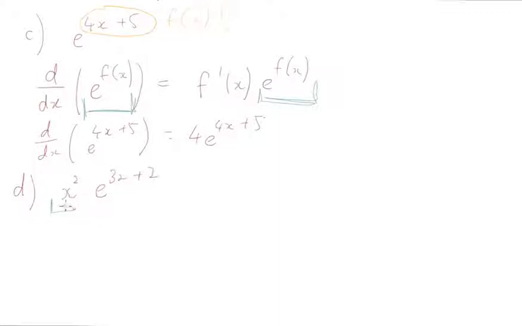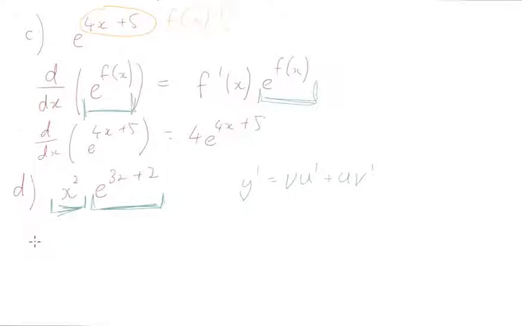We've got a function here, that x squared, and another function here. So this is going to be a product rule question. Product rule says that y dash equals vu dash plus uv dash, and the dashes go on the last bits there.